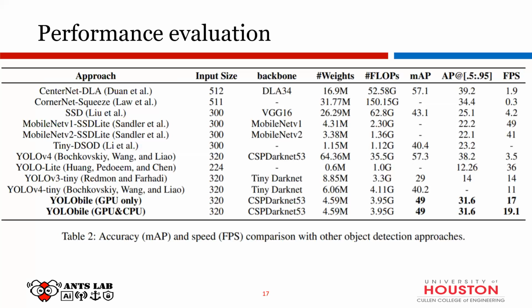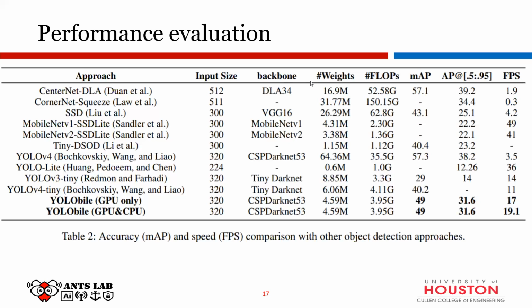So here is their performance evaluation. As you can see, they compare with the existing state-of-the-art object detection algorithms, and you can see YOLObile can have high accuracy as well as high performance here.